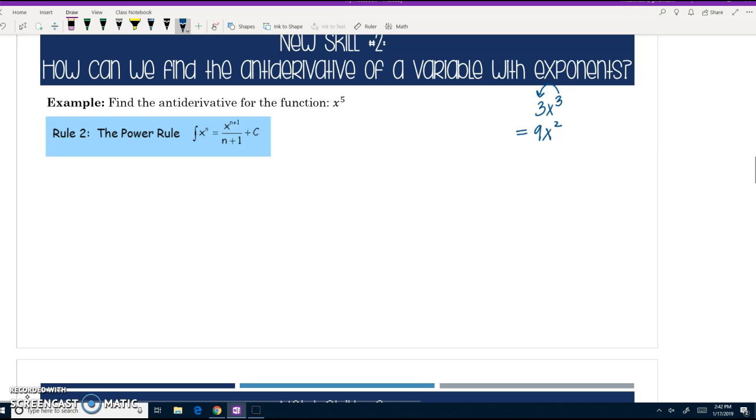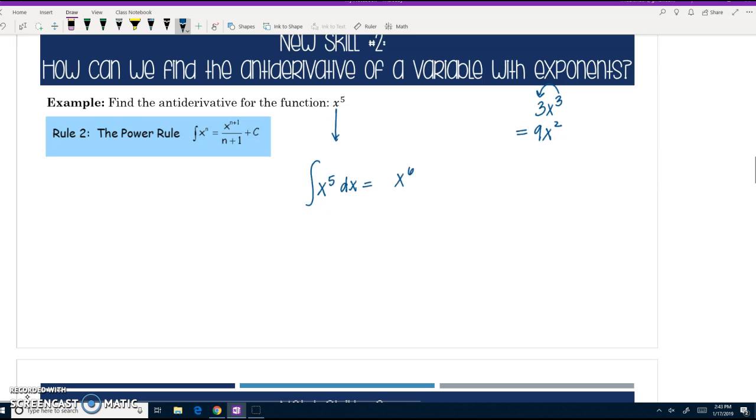So working backwards for these kinds of functions, what we're going to do is take a look at whatever function we start out with. And if we want to take its antiderivative or integral, we're going to have that funky symbol. And what we're going to do here is just take a look at whatever value we have in the exponent, and we're going to add 1 to it. So right now there's a 5 in my exponent, so if I add 1, I'm going to end up with 6.